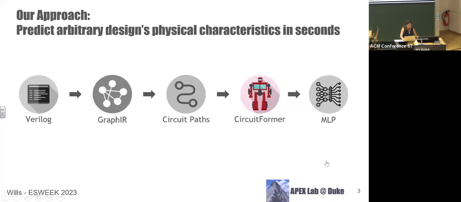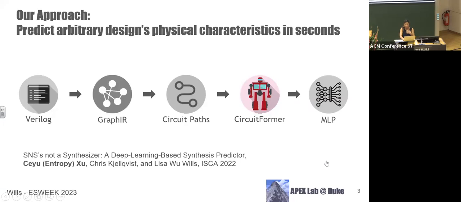We use the CircuitFormer to predict circuit path characteristics. And then we finally use a multi-layer perceptron to aggregate this circuit path information and obtain the attributes of the entire design. So in today's talk, I'm going to offer a more detailed look at our approach. The synthesis predictor is called SNS, and it was published at ISCA last year. So there are a lot more details in the paper if you want to read up on it.